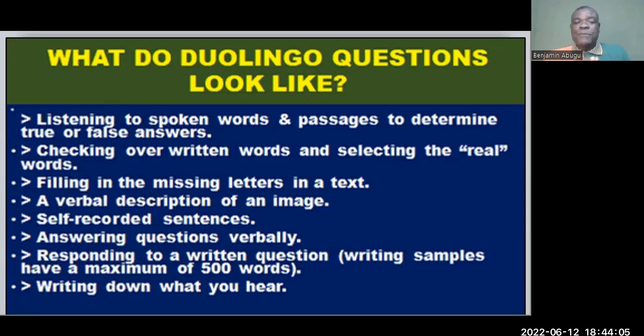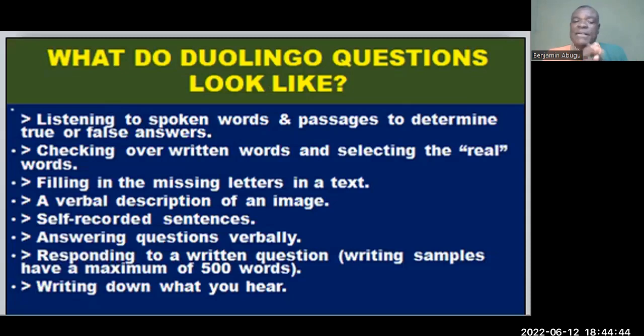For example, questions like listening to spoken words and passages to determine true or false answers. Checking over written words, selecting the real words. You might be given a list of words and you have to identify which of them are real English words, okay? Then filling the missing letters in a text. You might be given a passage and some letters are missing in some words, and you need to figure out the missing letters and fill them in.